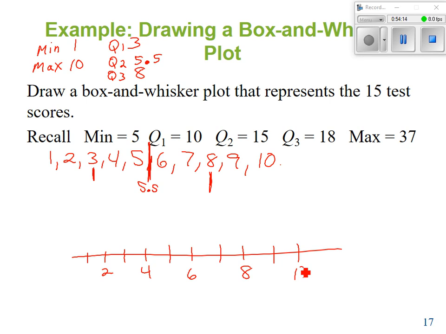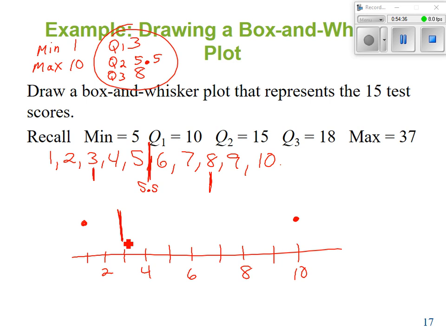Then, this is the way to draw your box and whisker. First thing I'm going to do is put a point at my minimum. Put a point at the maximum. Then these 3 quartiles, I'm going to draw a bar for each one of those. So I'm going to come here to 3, draw a bar.